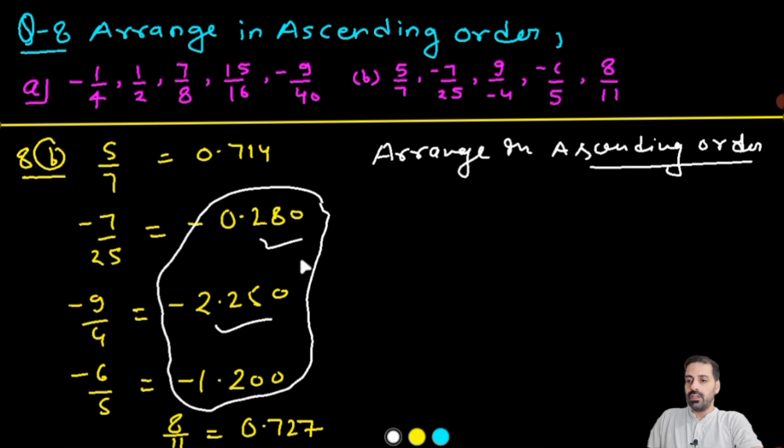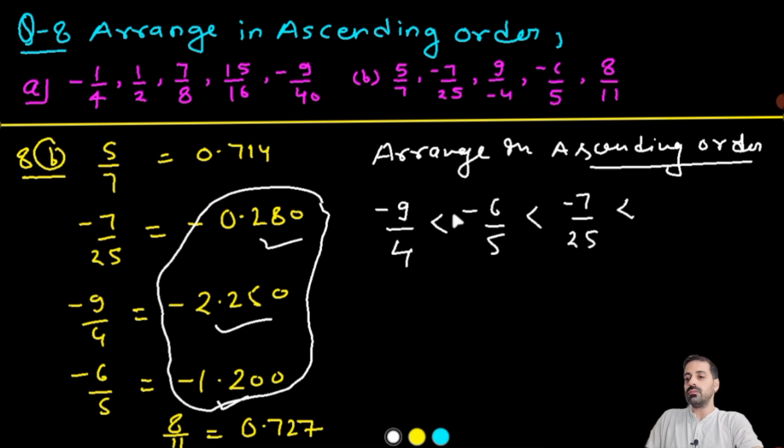Negative 9 upon 4 is the smallest, then negative 6 upon 5, then negative 7 upon 25 is greater. Then 0.714 and 0.727, so this is greater and this is smaller. So 5 upon 7 comes first, then 8 upon 11, and this is the answer of this question.